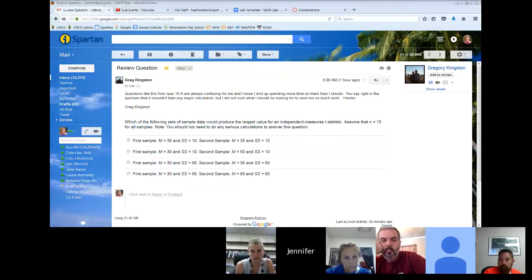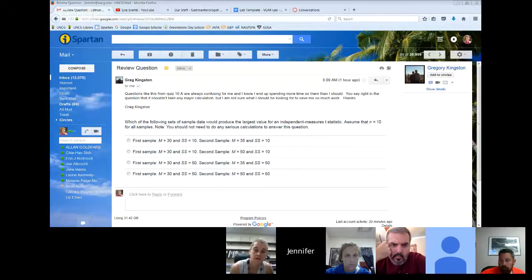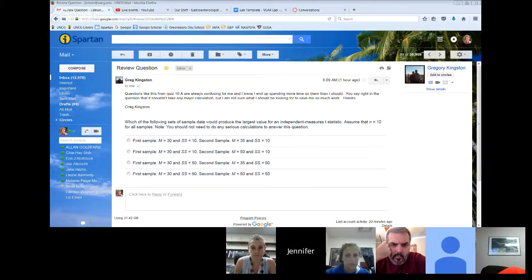In this particular question, the choices only focus on mean difference and variance. If I look at variance first, in the top two choices, the variance is the same: sums of squares equals 10, sums of squares equals 10. So that's a pretty small variance. In the next two choices, the variance is bigger, sums of squares equals 50 for both of them.